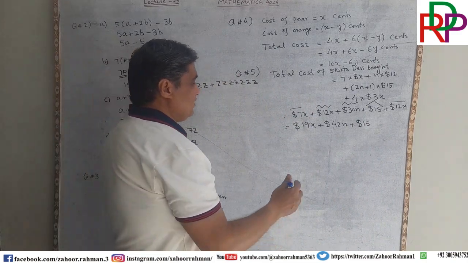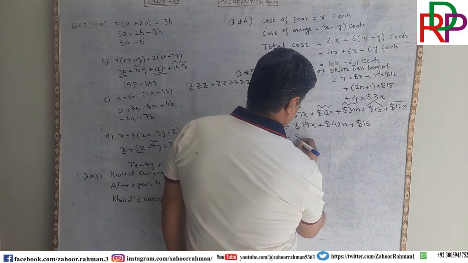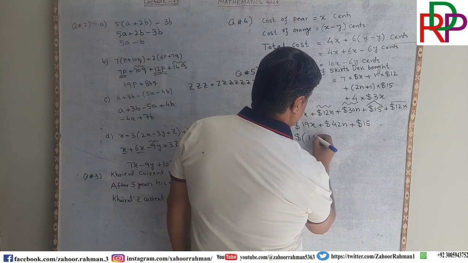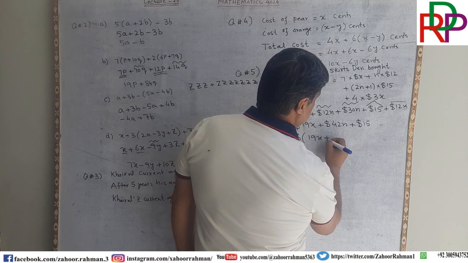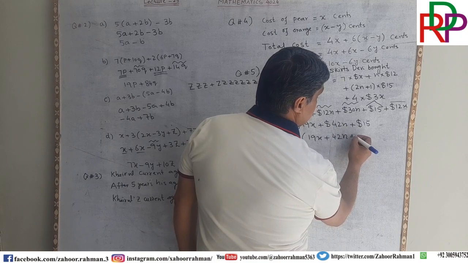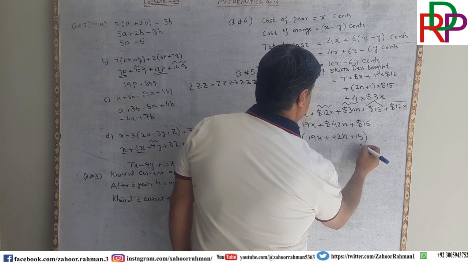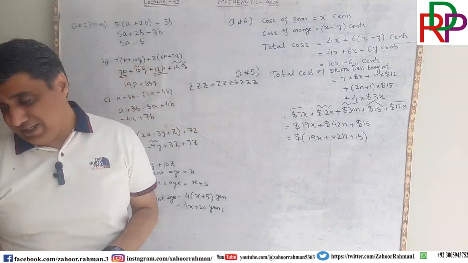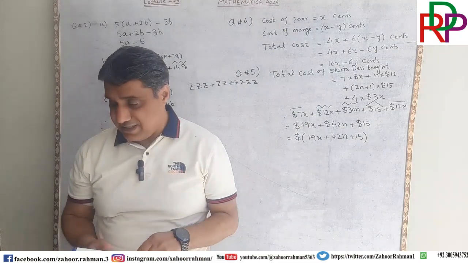Now if you want to write this dollar outside, 19x plus 42n plus $15. That is the ultimate answer.